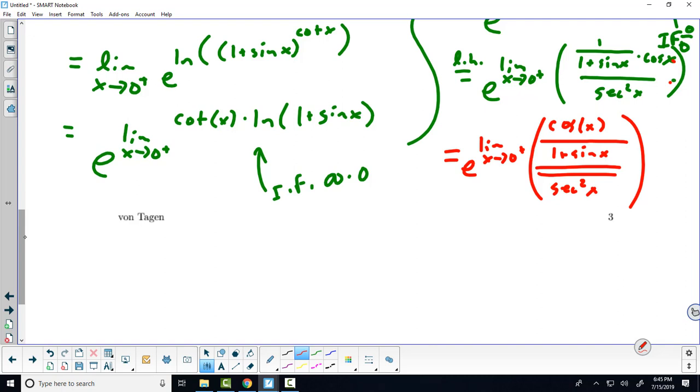Sine of 0 is 0. Uh-oh, but I add it to 1, so that denominator is fine. I think we're okay. So what do we end up with? We end up with e to the limit. As well, in fact, we're evaluating this through direct substitution, so we end up with e all to the 1 over 1 plus 0 all divided by 1, which cleans up to be just e to the 1, which equals e.